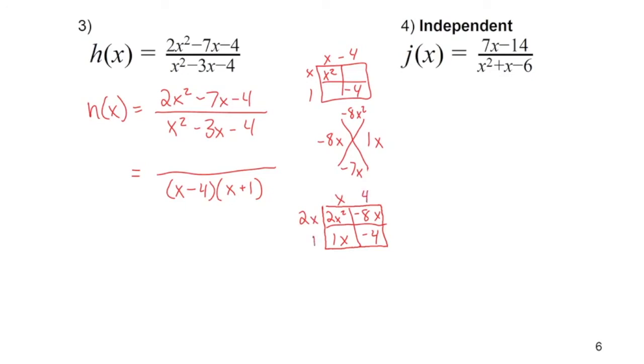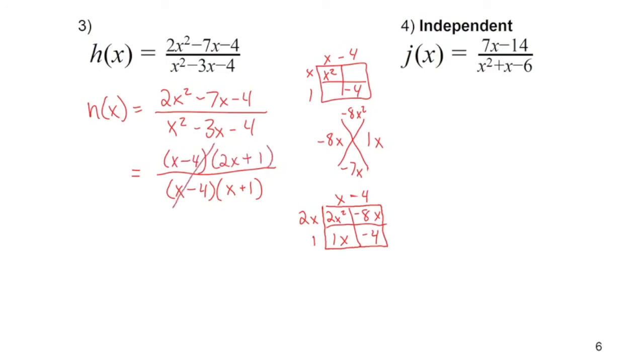I do need a negative somewhere, and it looks like that's where my negative is. Okay, so now I'll bring my side links over and write down my factors. I will have x minus 4 and 2x plus 1.